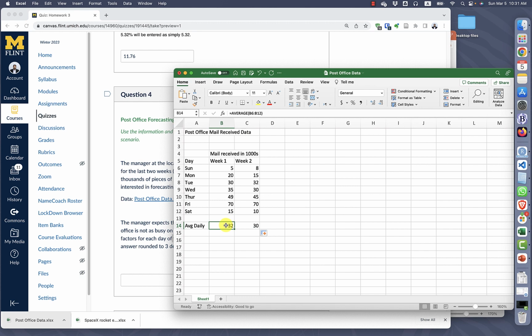So now to calculate the seasonal factors, we have to figure out what percentage of this average value is a Sunday, what percentage of this average value is a Monday, and so forth. So we can do it here. We'll do week 1 seasonal factor, then we'll do week 2 seasonal factor.